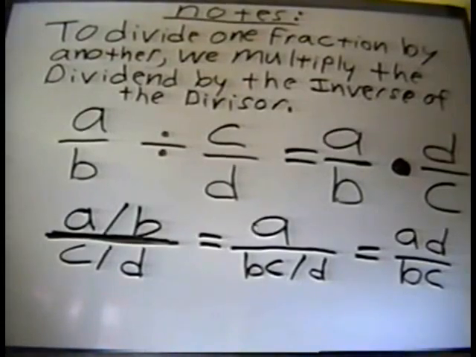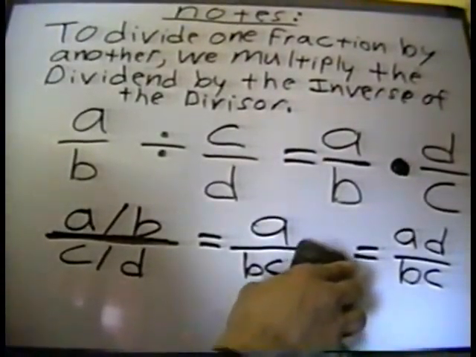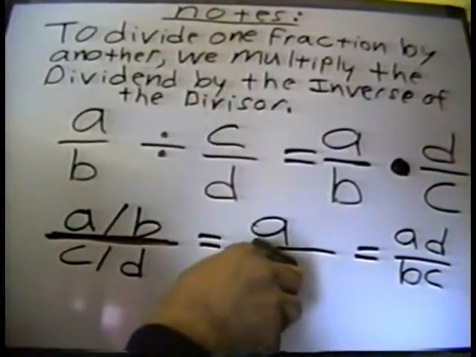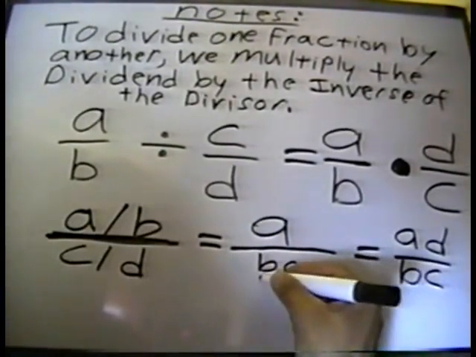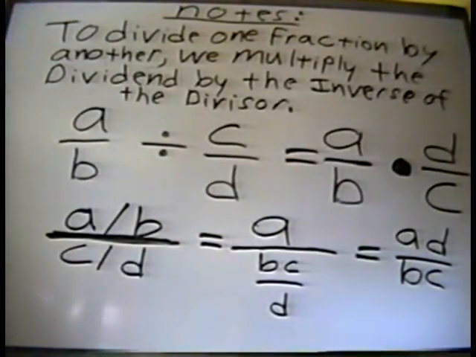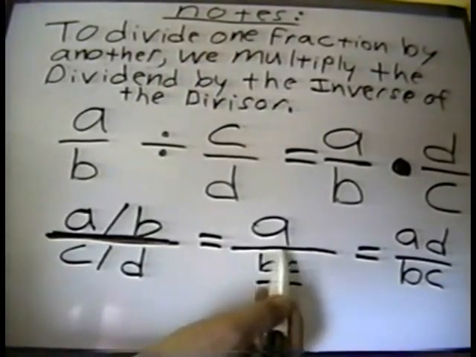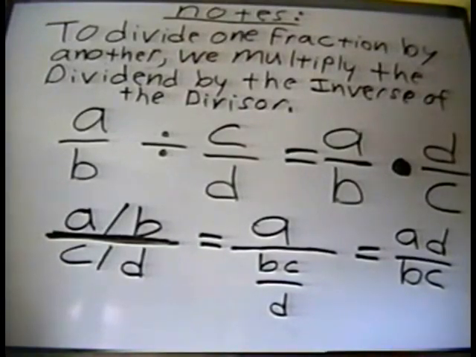See? Now this can also be written vertically as well. See, when you have a denominator of a denominator, you put that up here, okay?